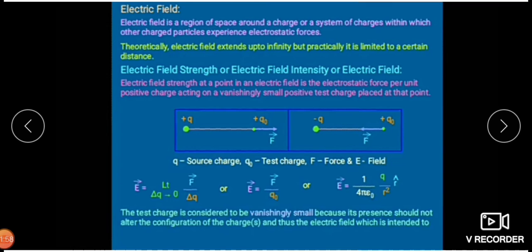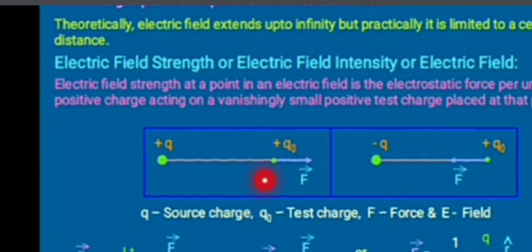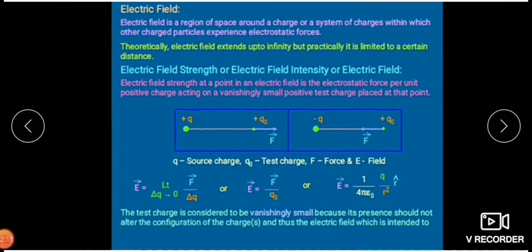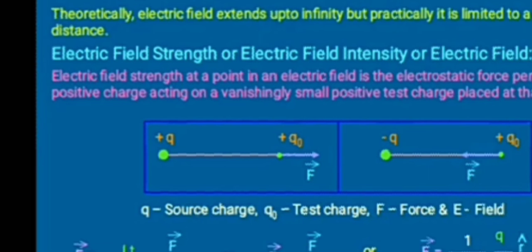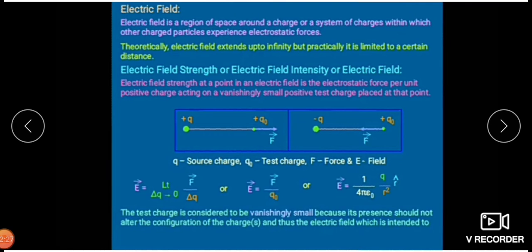See the derivation. Consider two charges, suppose positive and negative. Between two similar charges there is repulsion, and the force of repulsion is given by Coulomb's law in electrostatics. Between opposite charges, negative and positive, there is a force of attraction. They attract each other, and this force is also given by Coulomb's law.